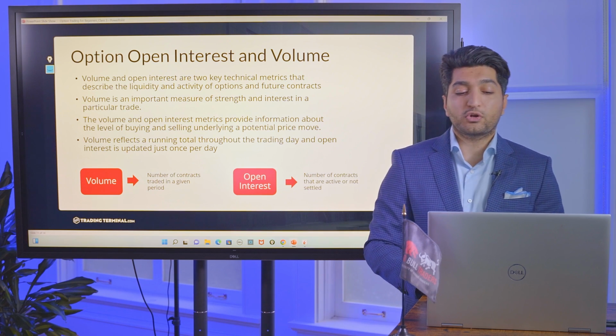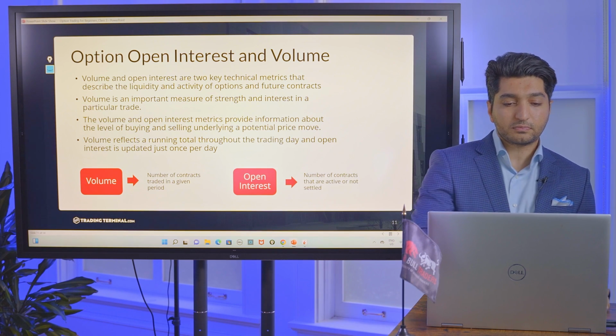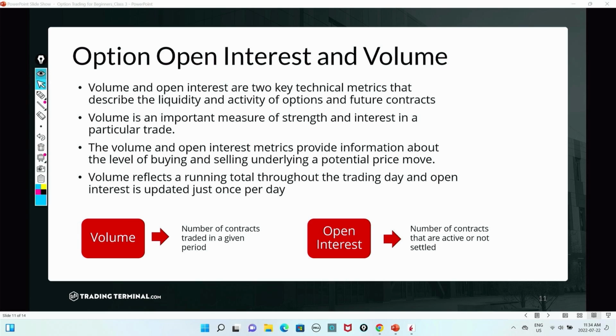Now, let's talk about option open interest and volume. Volume and open interest are two key technical metrics that describe the liquidity and activity of options and the future contracts. Volume is an important measure of strength and interest in a particular trade.